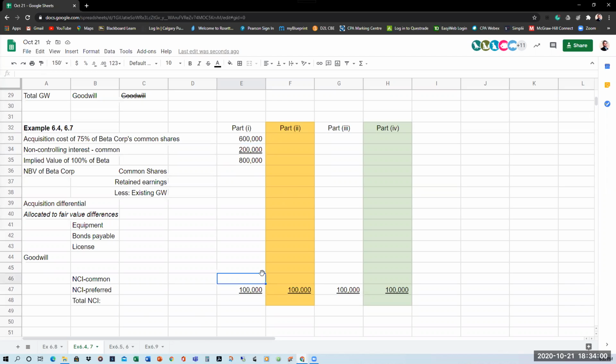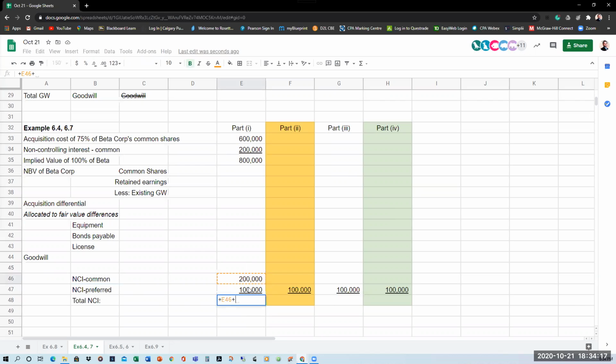So in this case then, NCI common is $200,000. Total NCI, therefore, is 200,000, the common share portion, plus 100,000, the preferred share portion.